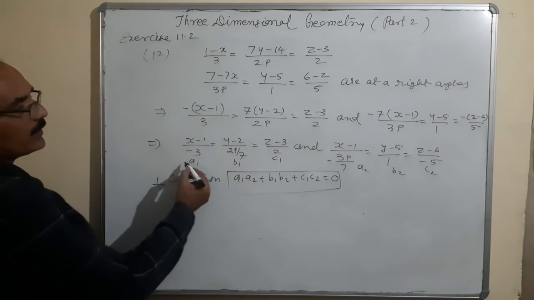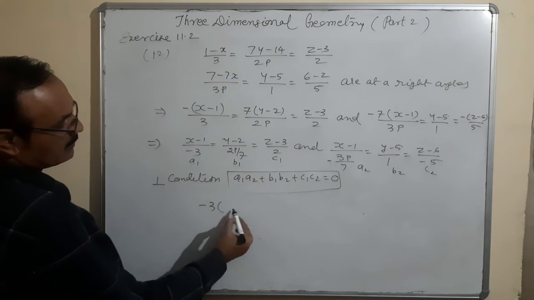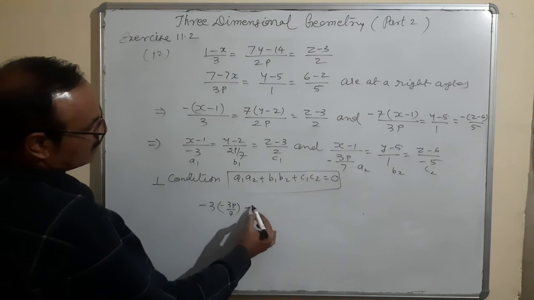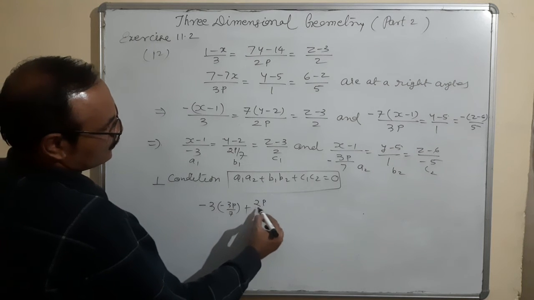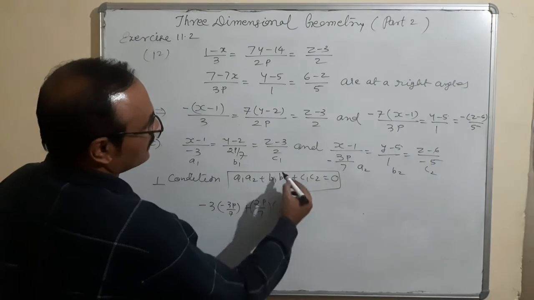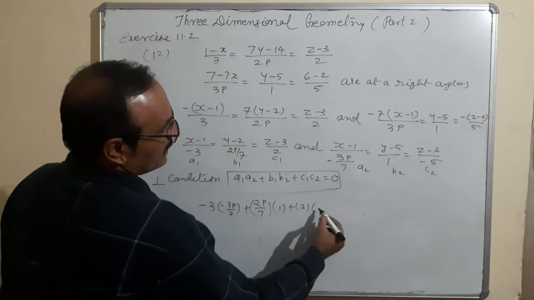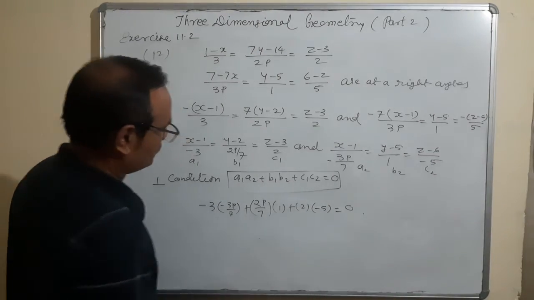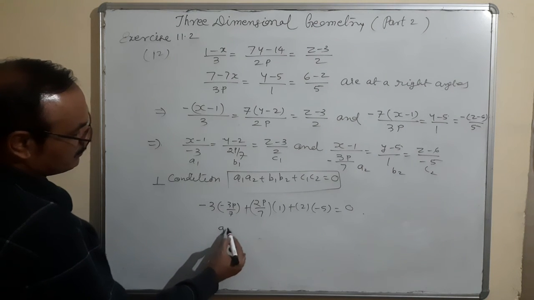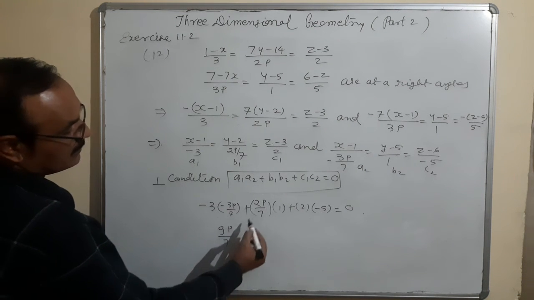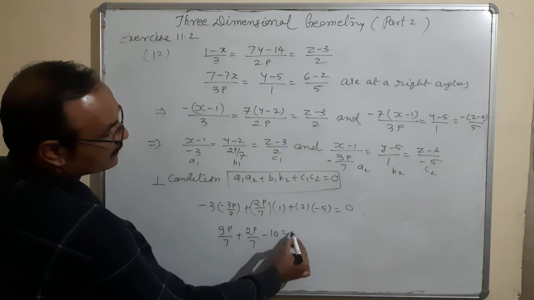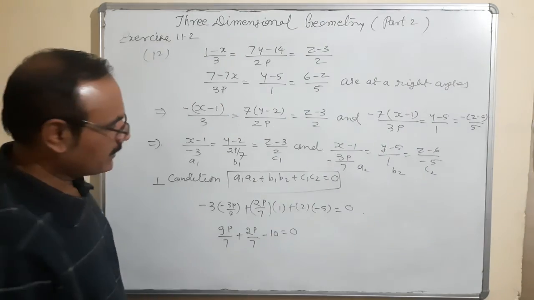So I put the values: a1 a2, minus 3 multiplied by minus 3p upon 7, plus b1 b2, 2p upon 7 multiplied by 1, plus 2 multiplied by minus 5, is equal to 0. So the result is 3 threes are 9p upon 7 plus 2p upon 7 minus 10 is equal to 0. We are finding the value of p.